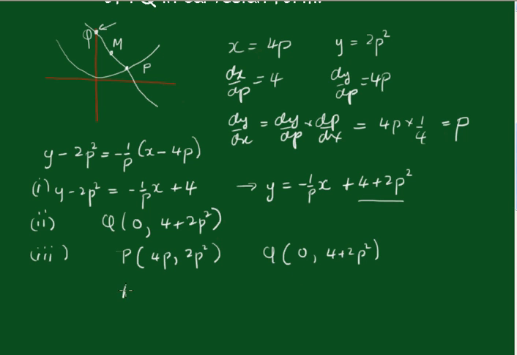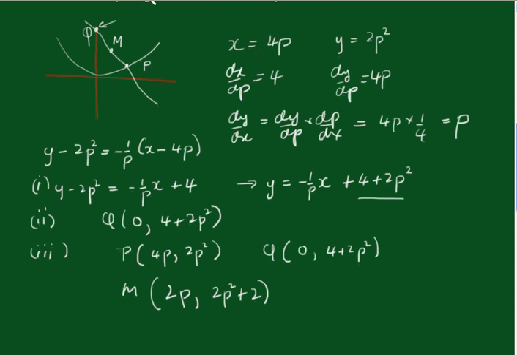So the midpoint is going to be, add those together and divide by 2, you get 2p, add those together and divide by 2, you'll get 2p squared plus 2.